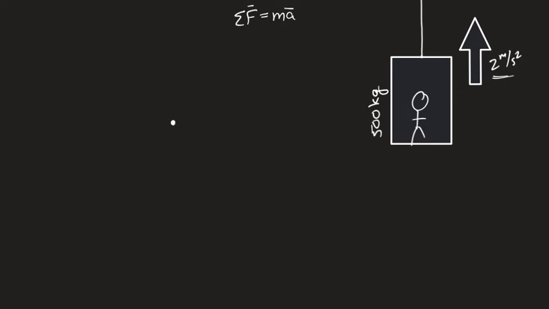But you're going to draw 3 free body diagrams, 1 for each circumstance. And the one thing that is the same in all 3 of them is that the elevator's weight is 5,000 newtons each time. So whatever size arrow you draw for the first diagram should be the same size arrow for all 3 diagrams.